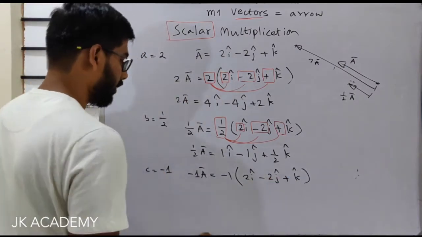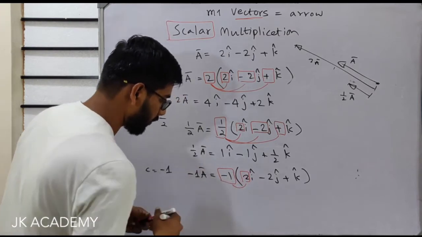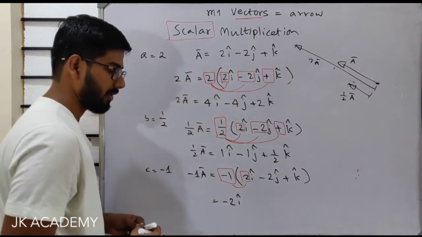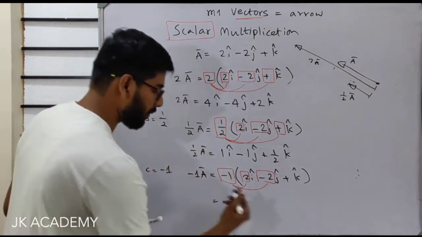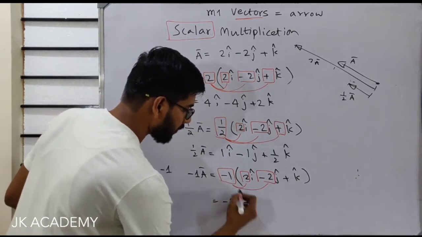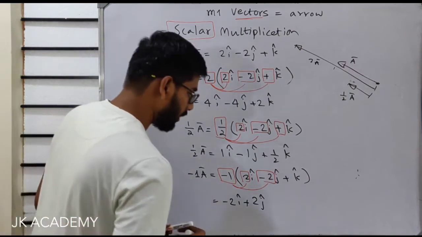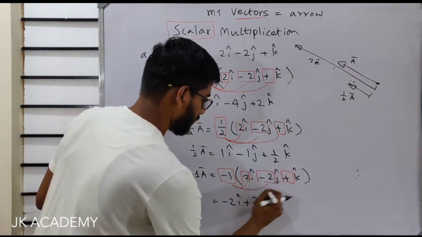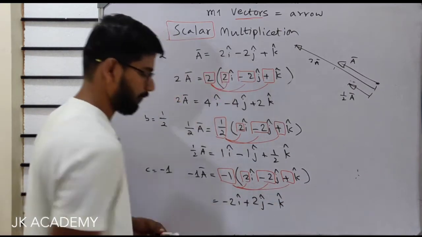So again, this and this first, what will I get? Minus 1 into 2 is minus 2 i cap. Next, minus 1 into minus 2. Minus into minus is plus, 1 into 2 is 2, so 2j cap. Minus 1 into this, next: minus 1 into plus 1 is minus 1 k cap.